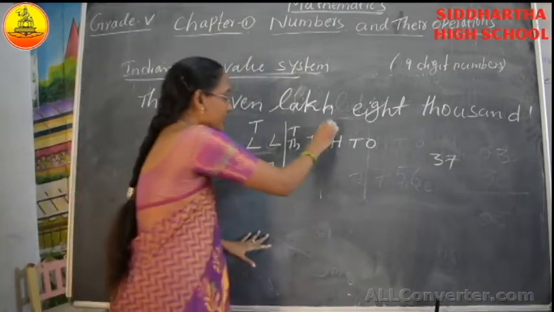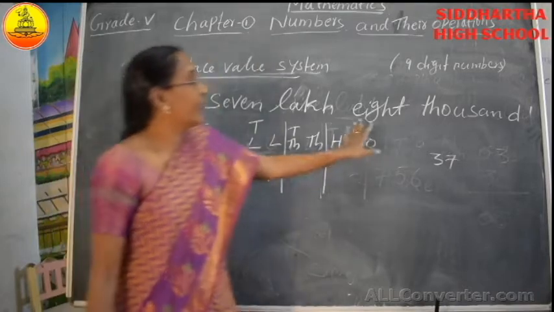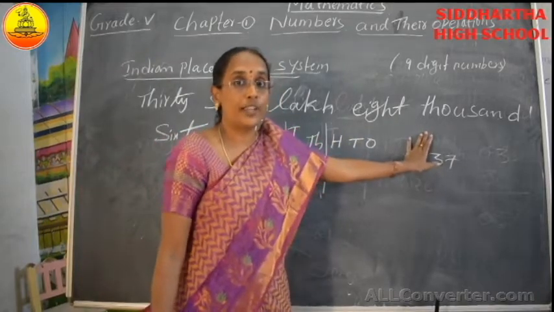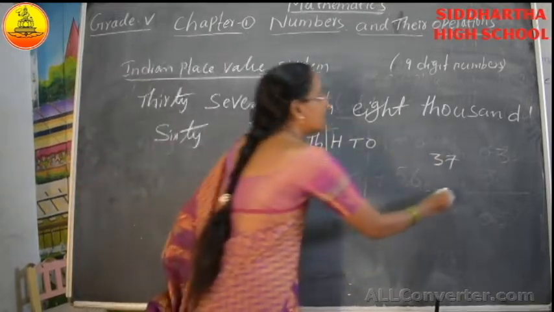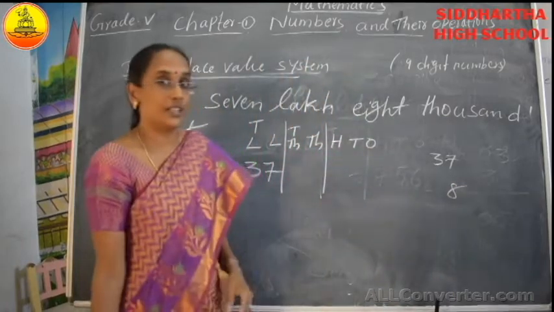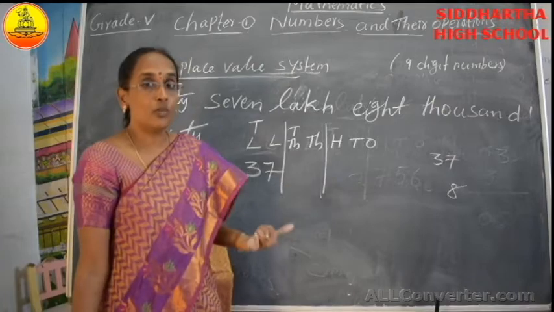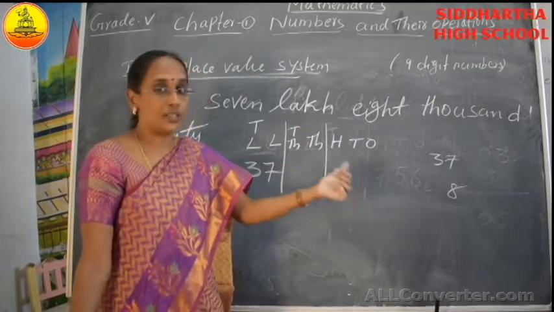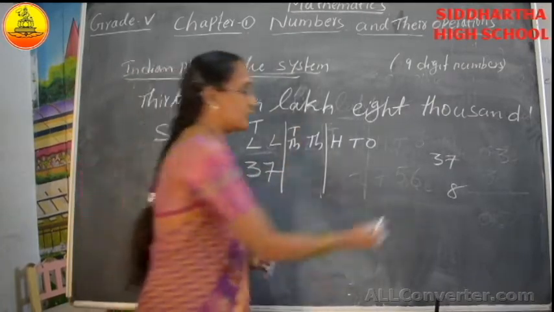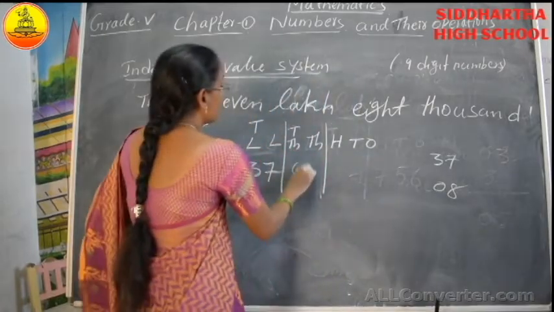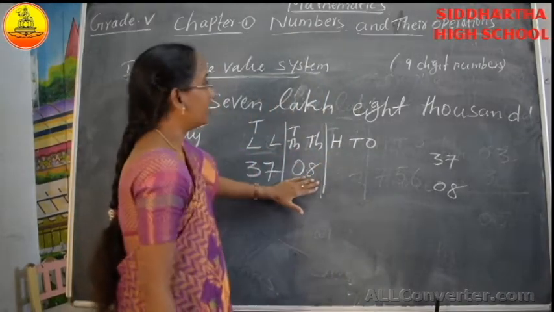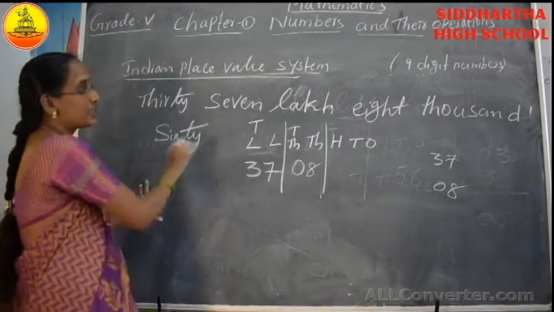Next one, thousands period. 8,000 means 8, only a single digit. Here we have 2 places, so when you get only a single digit, you write 0 on the left side of the digit: 08 thousand. Next, 60.